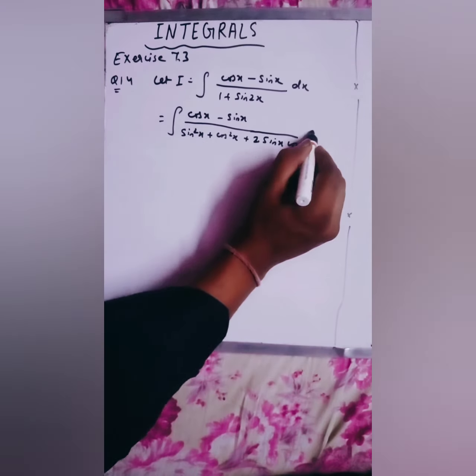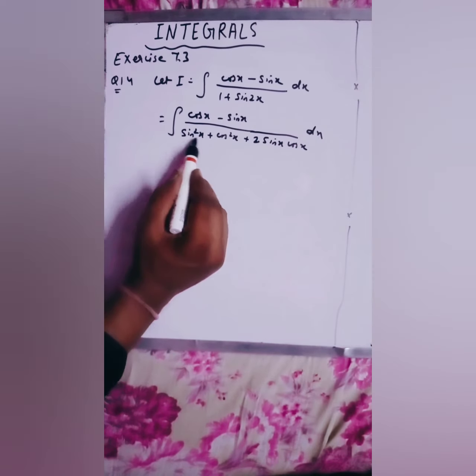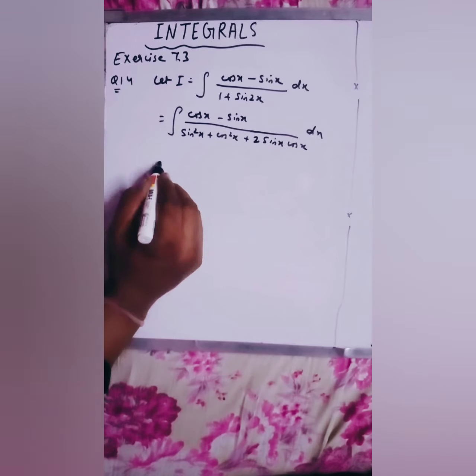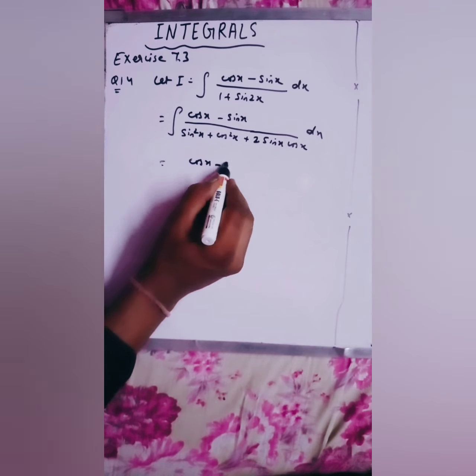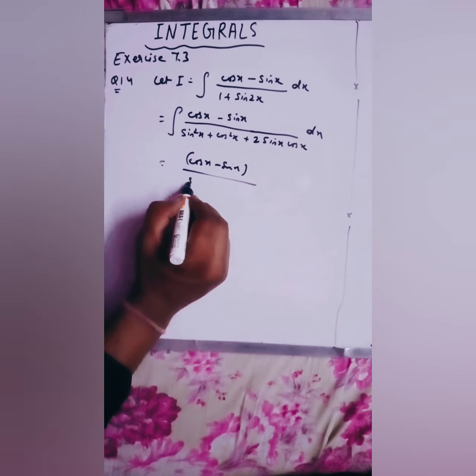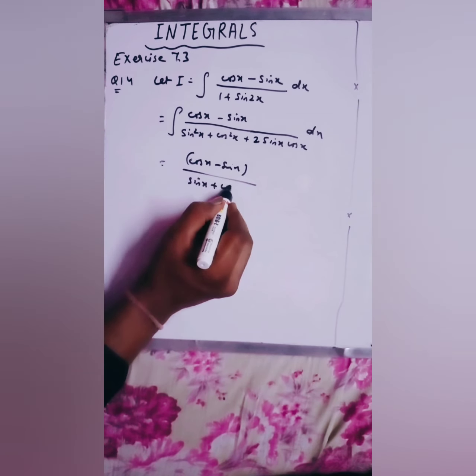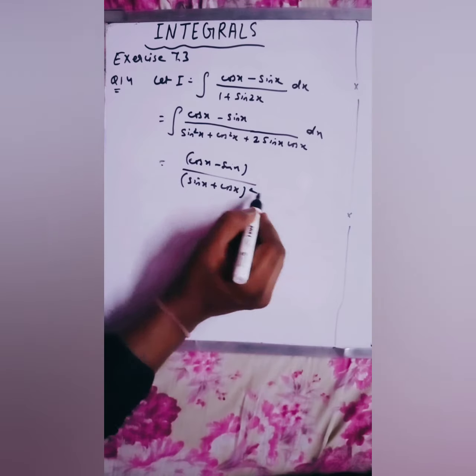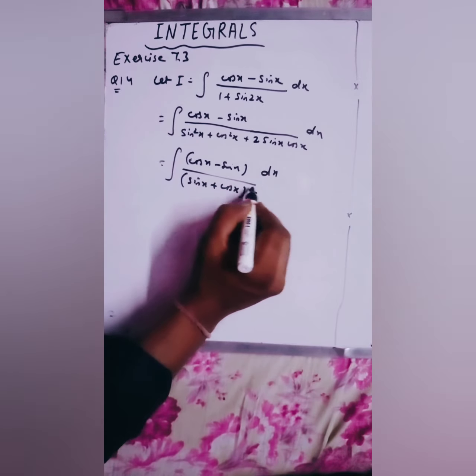As you can see, it is a square plus b square plus 2ab, so you can convert this using the formula. So here I can write (sin x plus cos x) whole square into dx.